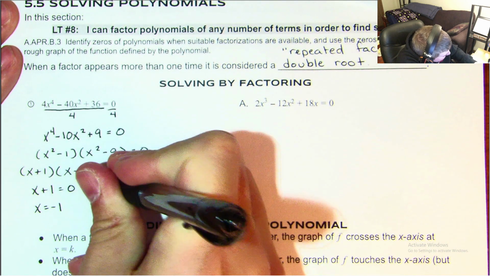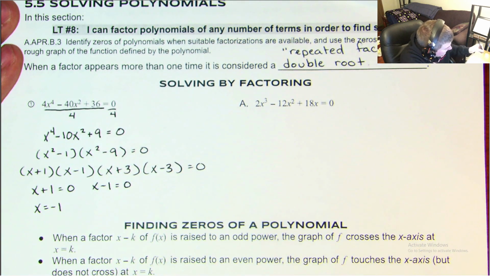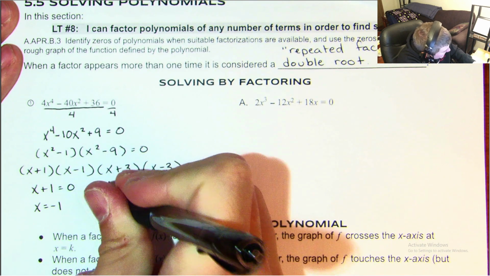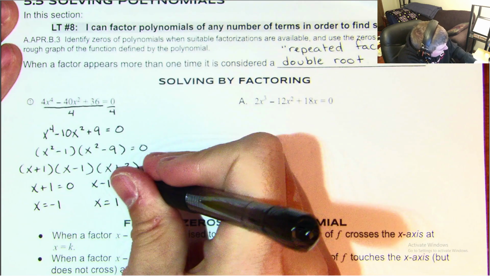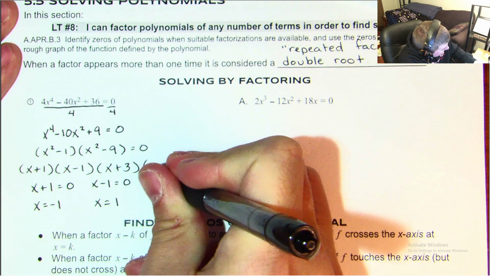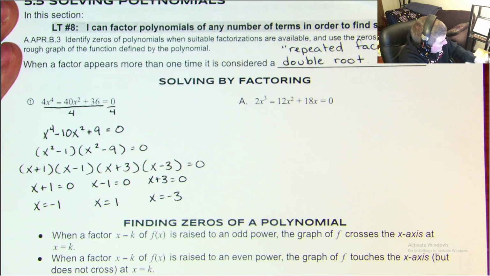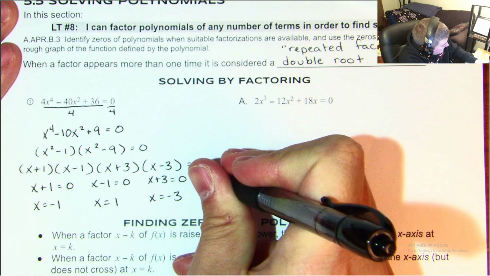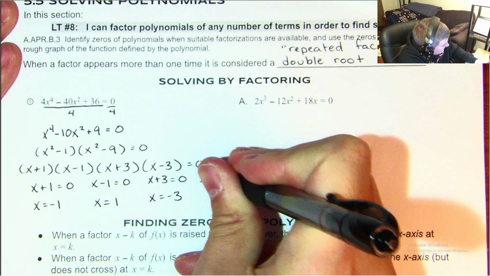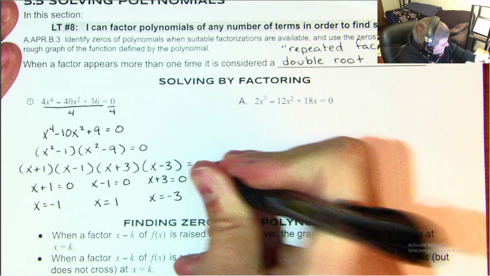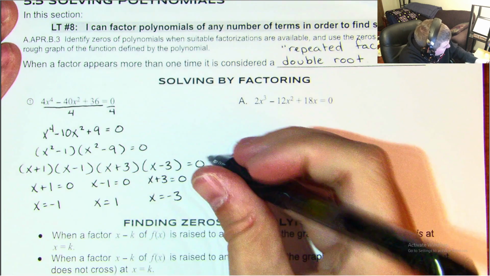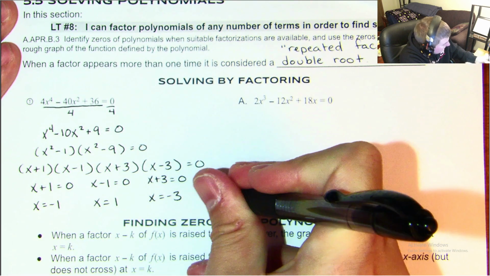X minus 1 is 0, meaning x is equal to 1. X plus 3 is 0, meaning x is equal to negative 3. And then x minus 3 is 0. That looks wonky, but it's supposed to be minus 3. That means x is equal to 3.